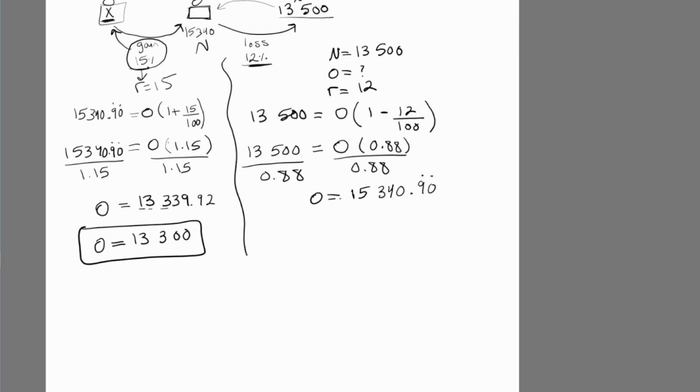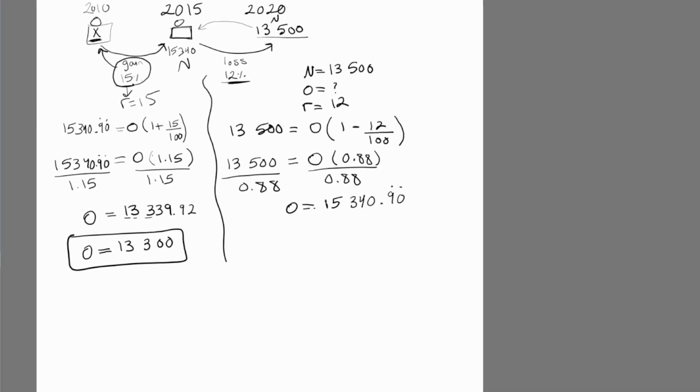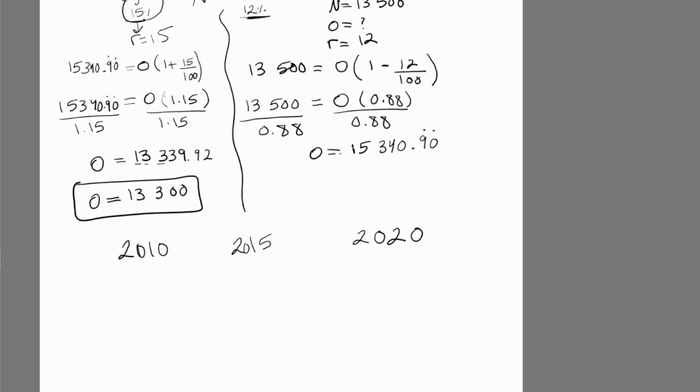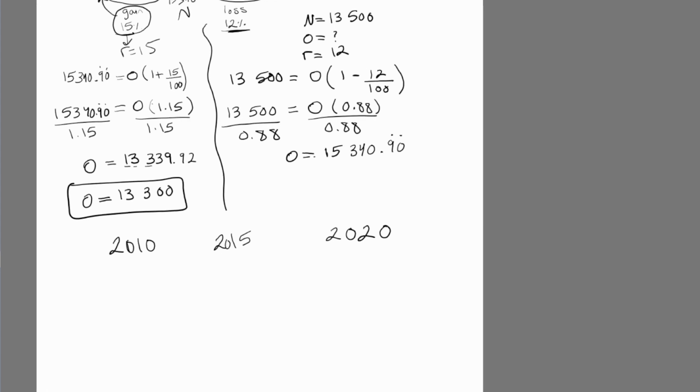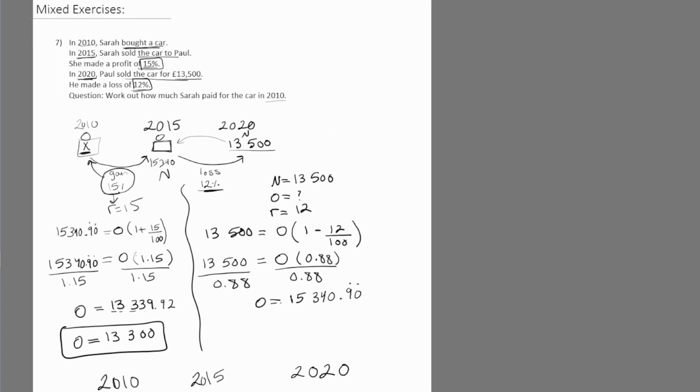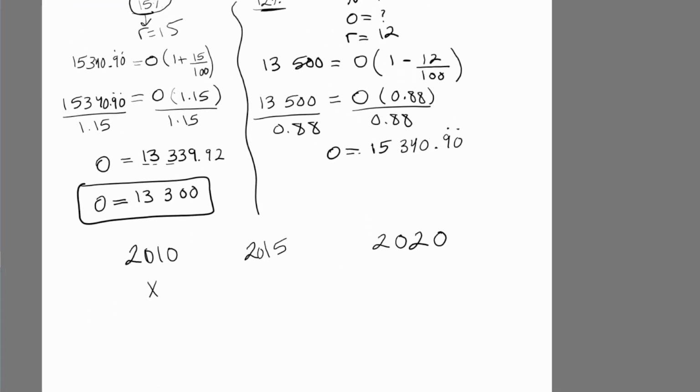If you didn't quite get it, I will do a quick recap. So again, we have a car in 2010, 2015, and 2020. And again, we don't know how much money it cost Sarah to get this car in 2010, but she sold it at a 15% gain in 2015.